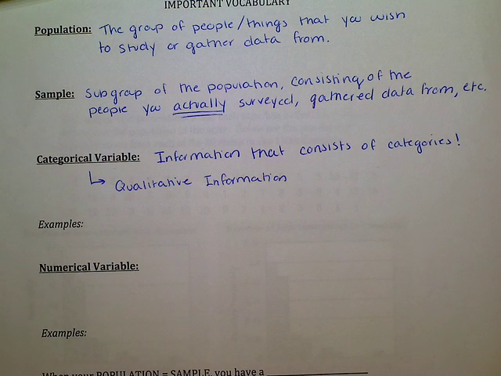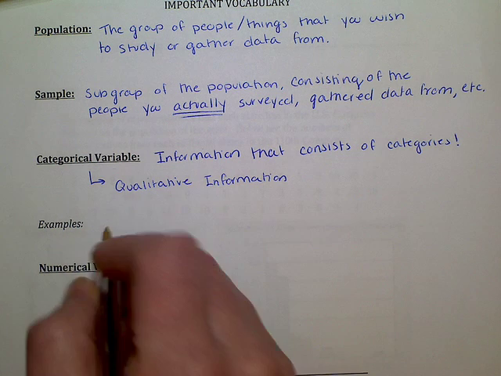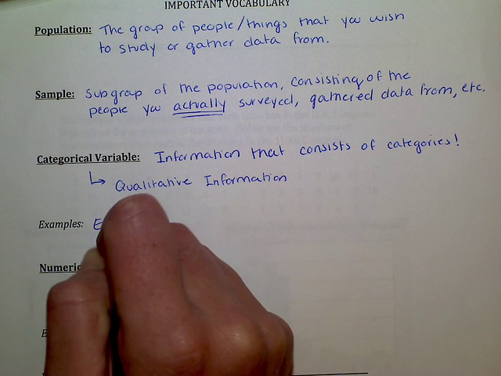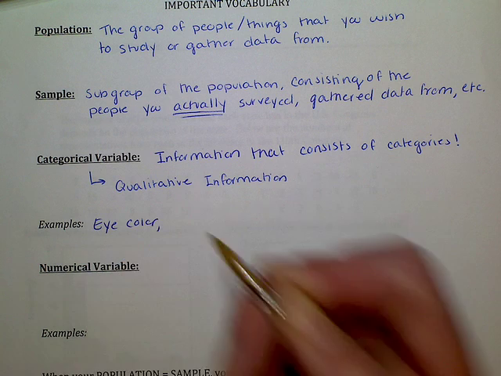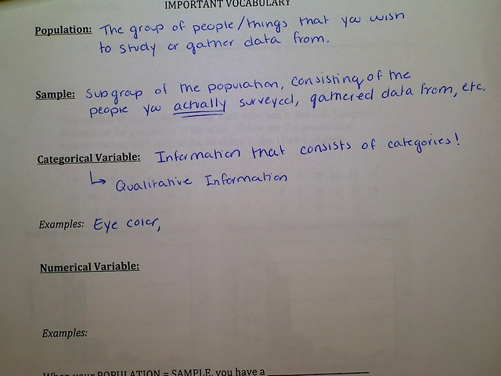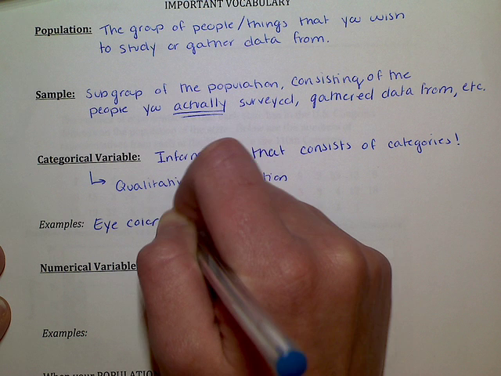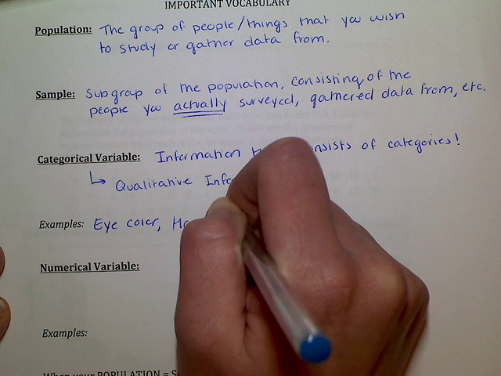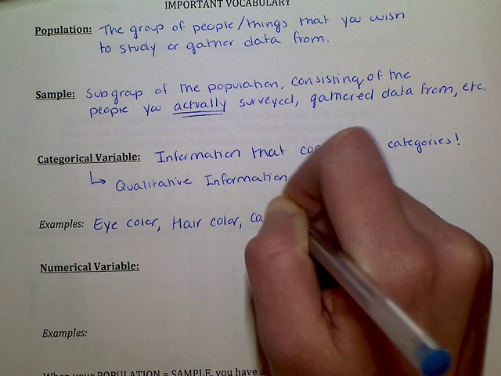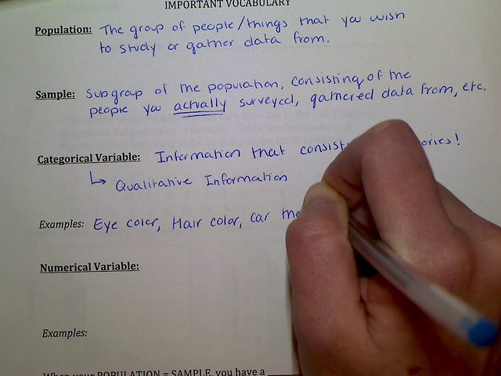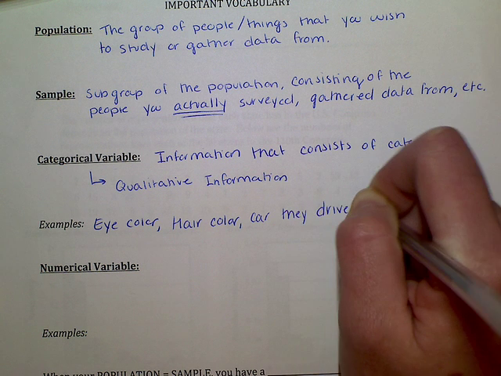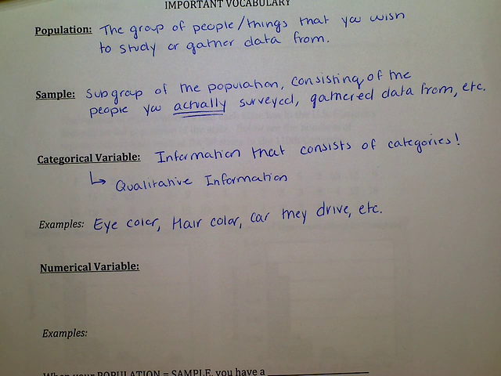So this could be stuff like somebody's eye color. All right, green, blue, hazel. That's a category. Somebody's hair color. The car they drive. You get the idea. All right, so basically it's probably categorical if it's not numerical.